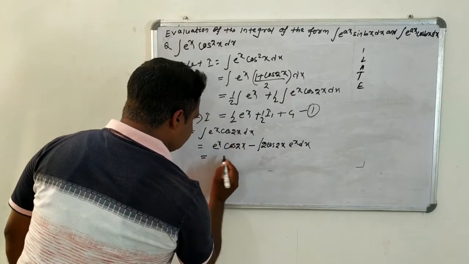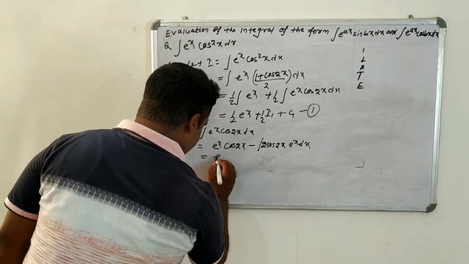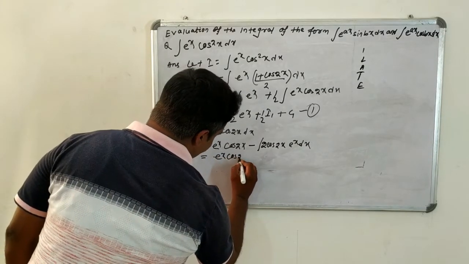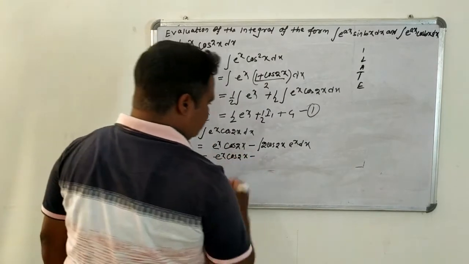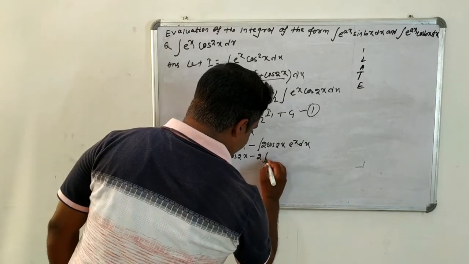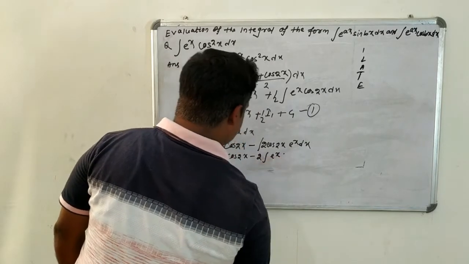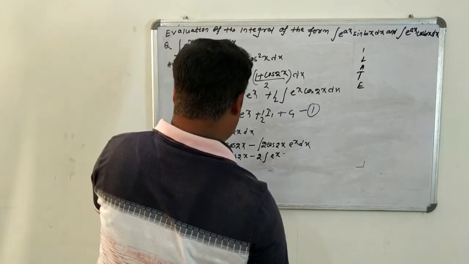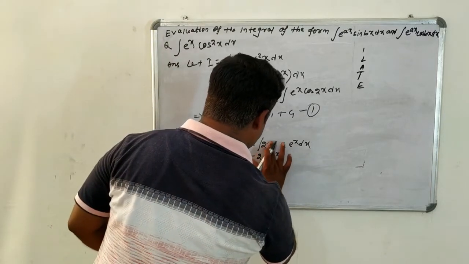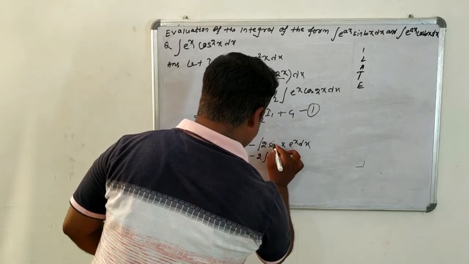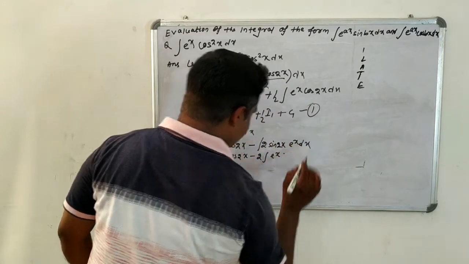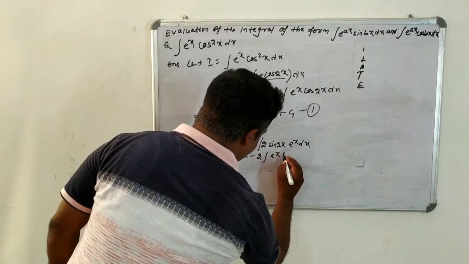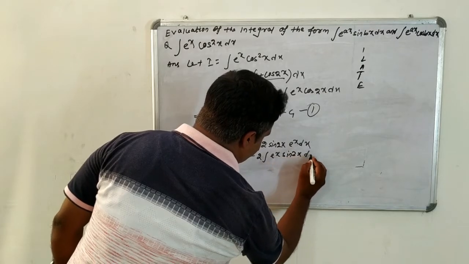Now this value equals e^x cos 2x minus, here the value is 2 common, again e^x, sorry, the integral value is here sin 2x. So here sin 2x, yes.